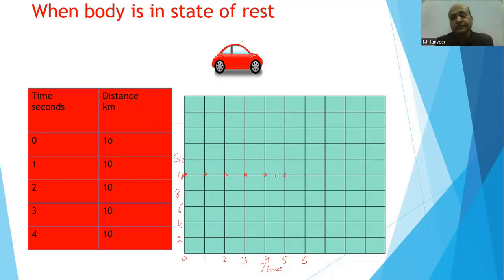Car is not moving. So when we join these points, we will get distance time graph when the body is in state of rest. So this is the shape of the graph when the body is in state of rest, and this is called distance time graph for a body when it is not covering a distance.